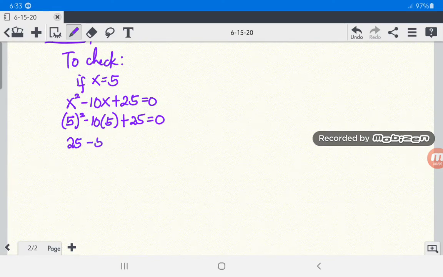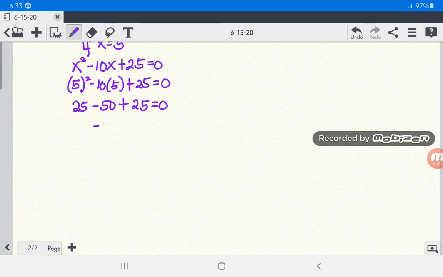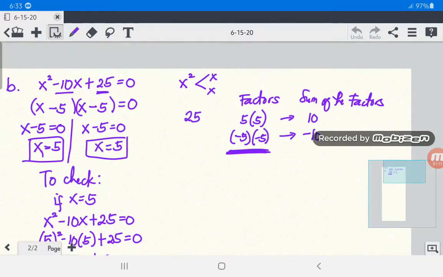Then negative 10 times 5 is negative 50. Then plus 25 equals 0. Then 25 minus 50 is negative 25. Then plus 25 equals 0. So that is 0 equals 0. Check.